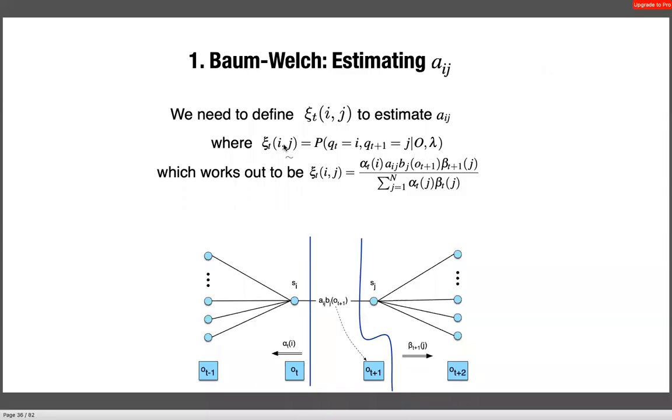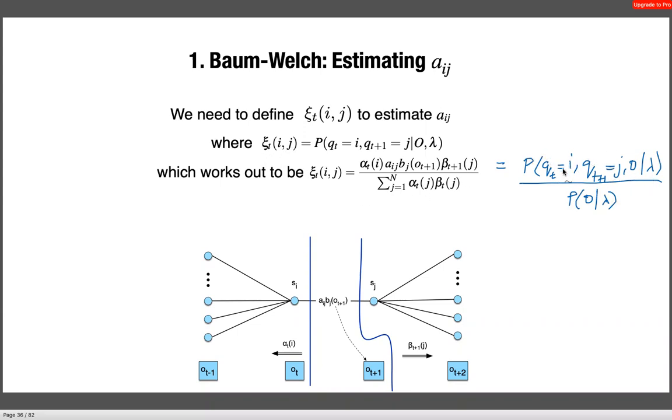Now, you need to compute psi sub t of i, j, and you can compute this probability by computing the joint probability of q_t being i, q_t plus 1 being j, and the observation sequence O, divided by the probability of O. That's the definition of psi sub t.